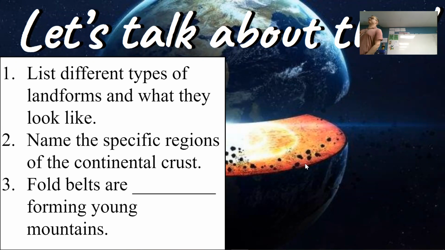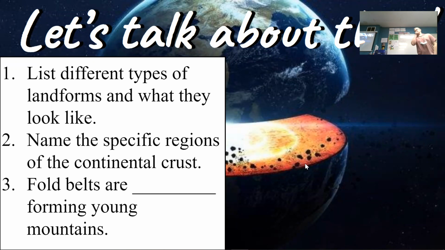No. Emmett? Crust. The crust, yep. All landforms are going to fall under the crust. So for number 1, let's jot down some different types of landforms. I'll jot it down on the board over here so maybe people online are able to see it.